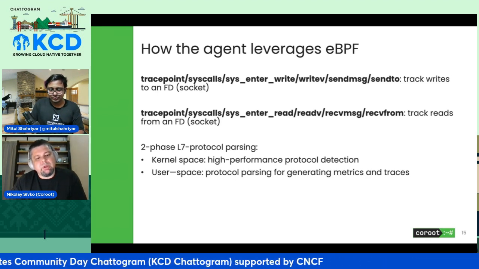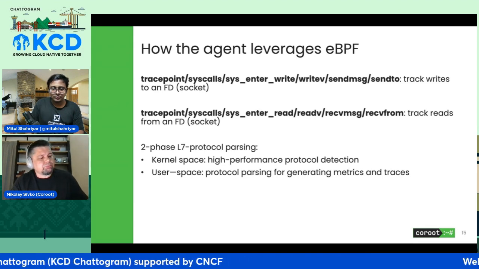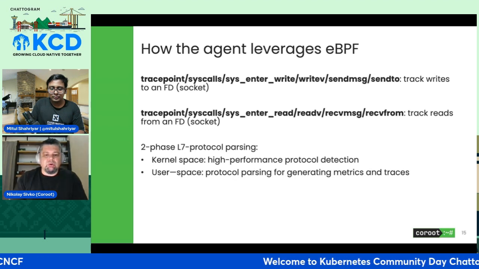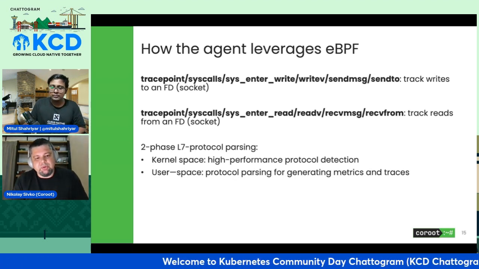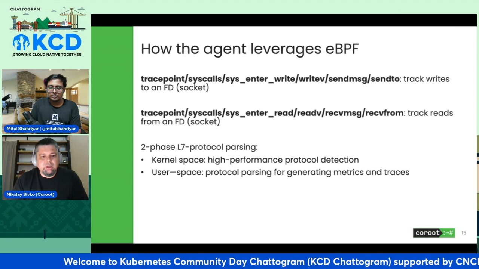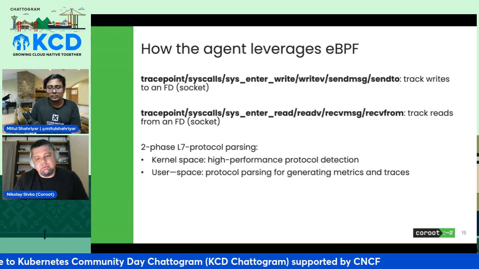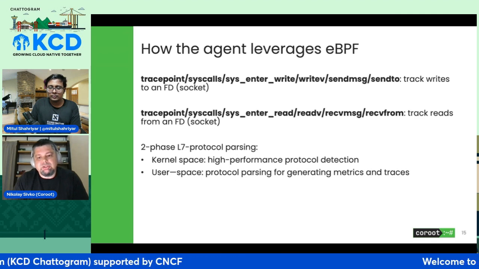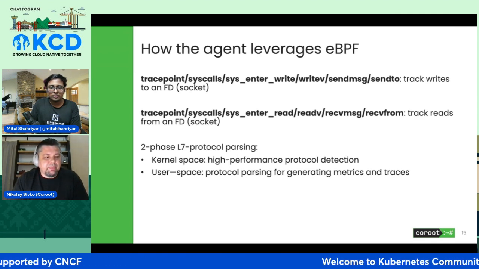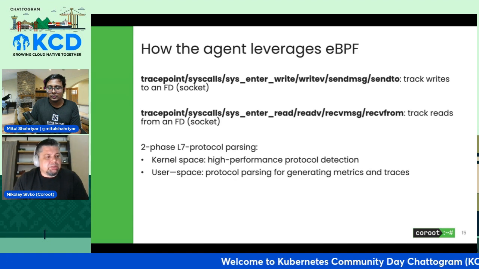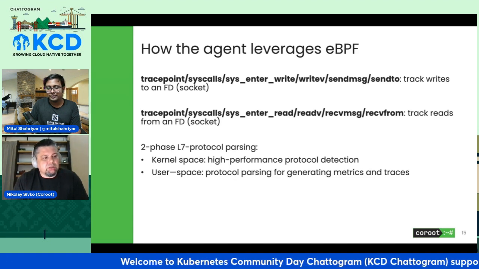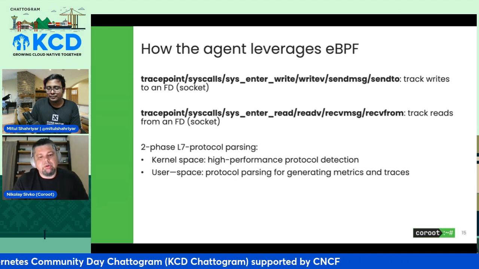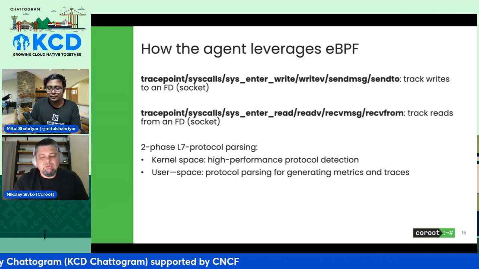That's why our agent processes each request or query in two steps. The first one is a super optimized step in the kernel, where we check whether this data looks like an HTTP call, and the more complicated part is processed in user space code, where we can extract HTTP headers or payload from the request.